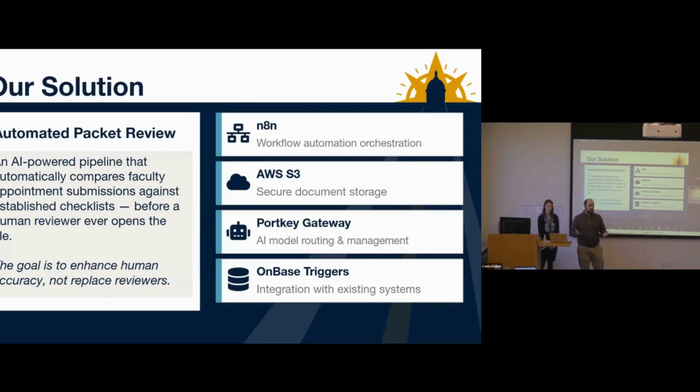This is not replacing human reviewers, because there's a lot of nuance to faculty appointments. Taking a look at what type of faculty it would be, their time status, the different hiring benefit implications, right? We're not replacing human reviewers, but as you're going through all these documents, you want to make sure that the dates all match, the names are spelled consistently, and the faculty rank and title are consistent across documents.